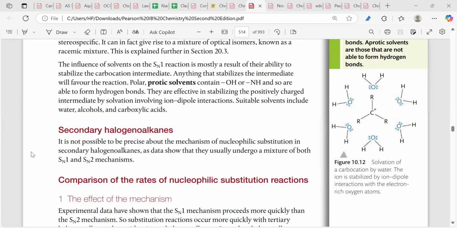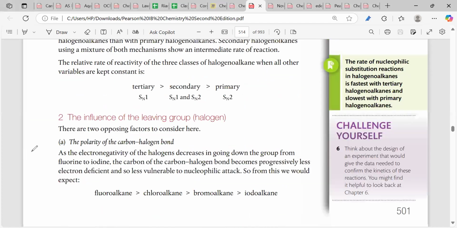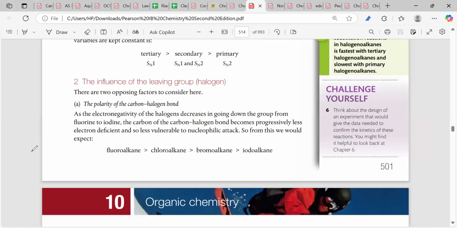Now going to this part, if you compare the rate of the reaction, we have to understand that a tertiary halogenoalkane will be the fastest and a primary will be the slowest. On top of it, suppose we have a tertiary fluorine, bromine, and iodine halogenoalkane.